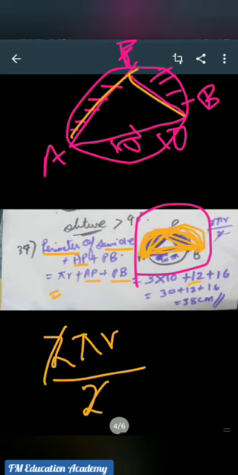AP length is given as 12, PB length is given as 16, and we are told to take the value of pi as 3. So 3 into 10, that is 30, plus 12 plus 16. If you add all, you get the answer as 58 centimeter. So the answer for this question is 58 centimeter, the perimeter of the shaded region.